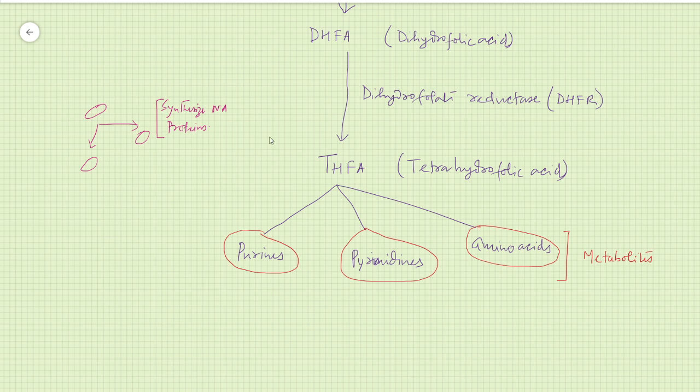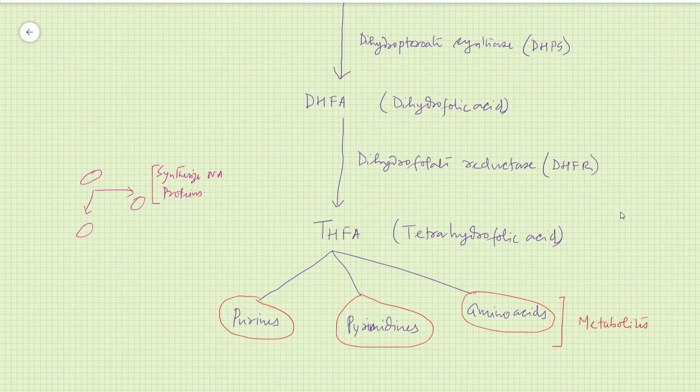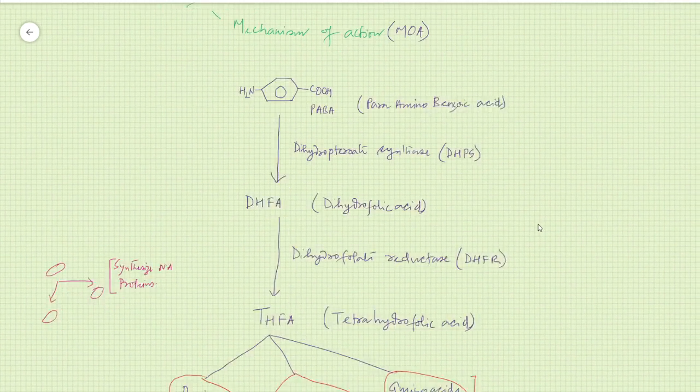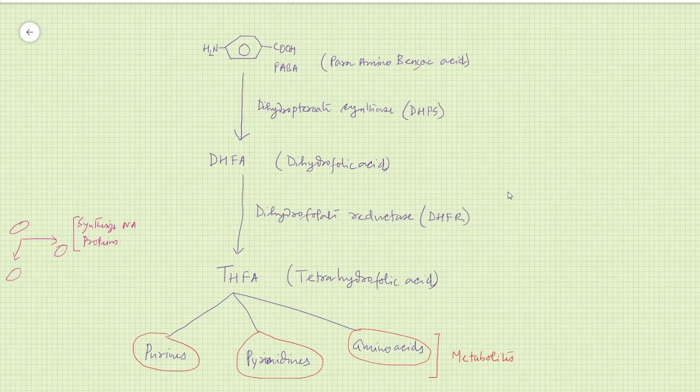Now, if we interfere with the folic acid pathway, then obviously we're going to interfere with the synthesis of purines, pyrimidines, and amino acids, because of which the bacteria would not be able to divide. So that's the idea here. That's what the sulfa drugs do.